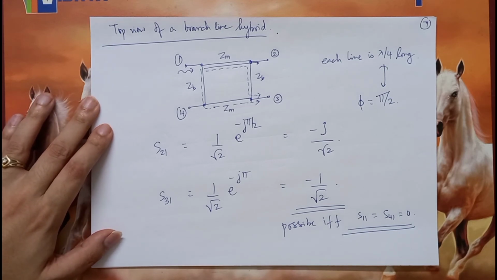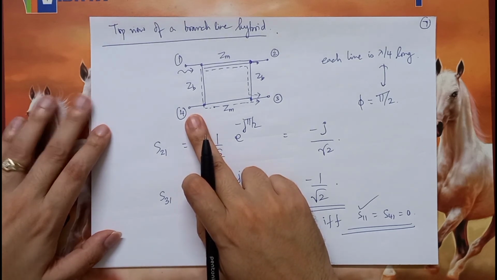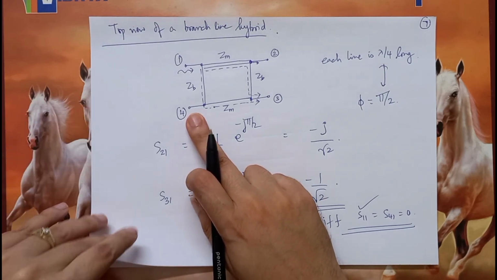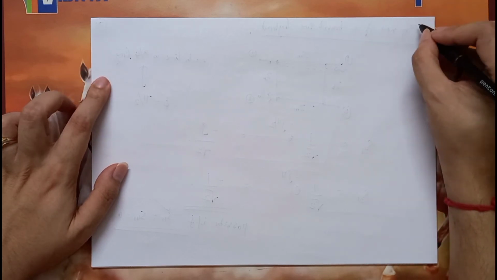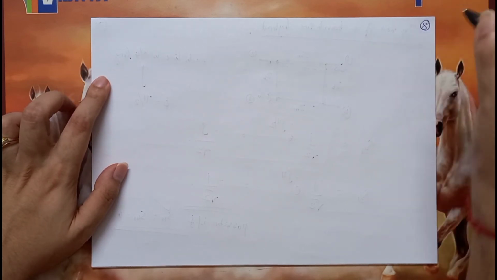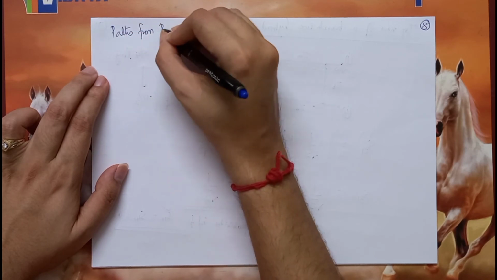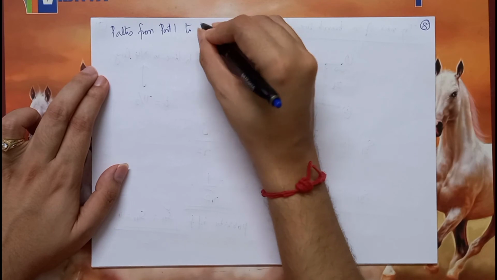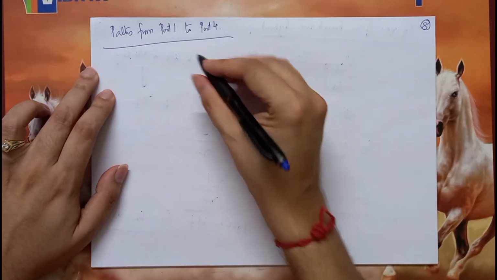So let us say somehow we made S11 a 0. Then we are still not sure how S41 will be 0. So let us again take a look at this, and we will look now at the path from port 1 to port 4.